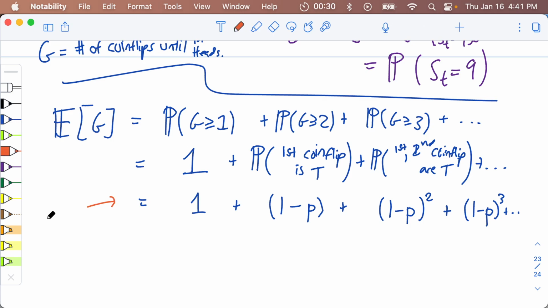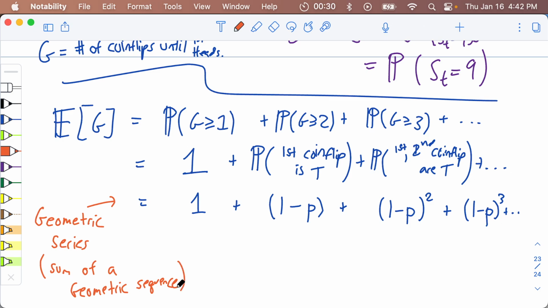Technically we're adding it up, so it's a geometric series, which is the sum of a geometric sequence. And this is why geometric random variables are called geometric. These probabilities are geometric.